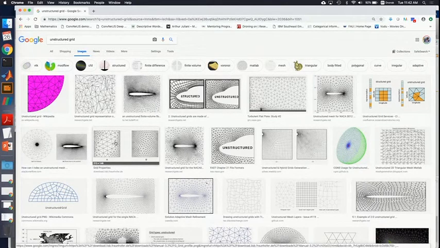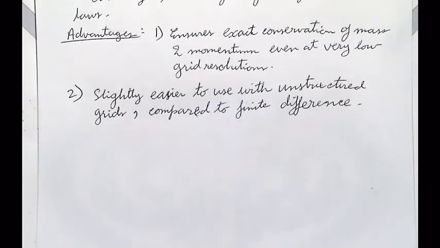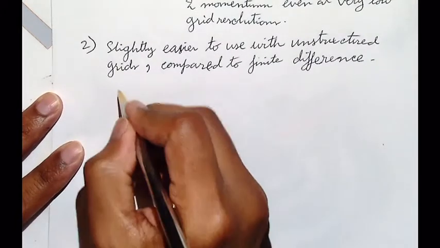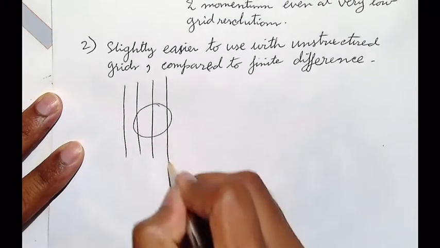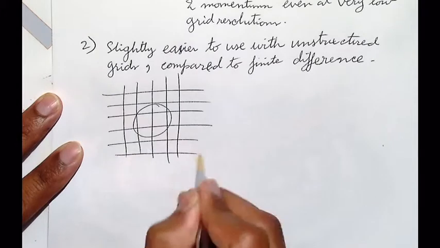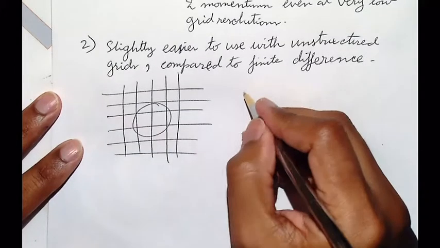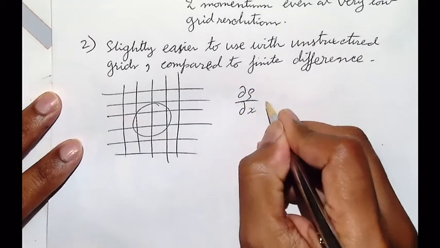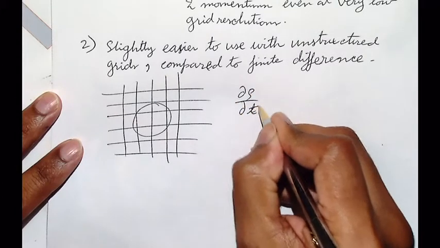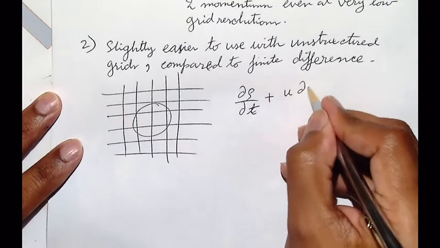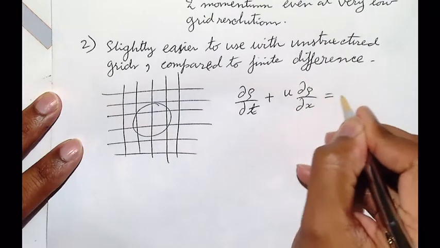And why is that? So let's see, for instance, if we have a cylinder and we're trying to simulate flow over it, right? And we have a structured grid, what would we do with finite difference? With finite difference, we basically have del rho by del t plus u del rho by del x equals 0, right?